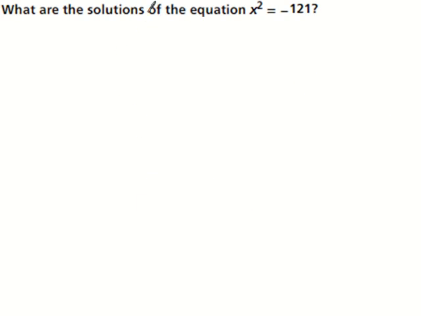So again, what are the solutions of the equation x squared equals -121? To solve it, we technically do the inverse, which is to square root. And if you put this into your calculator, square root of -121, you're going to get no solution.